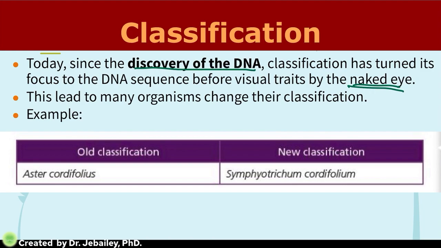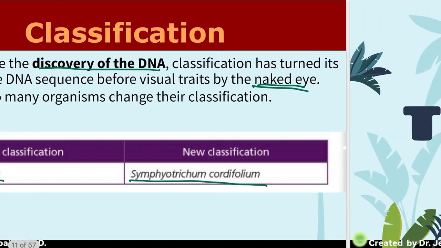For example, an old classification would be the astrocordophilia, and now, because we can figure out the sequence of the A, T, C, and G, it got a completely new classification. A lot of organisms that were classified 50 or 60 years ago have now changed because we have better technology to read the DNA sequence.